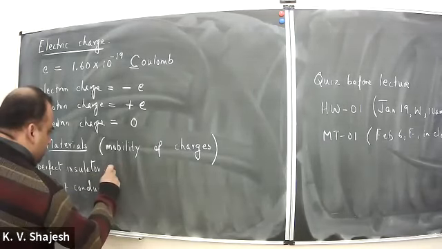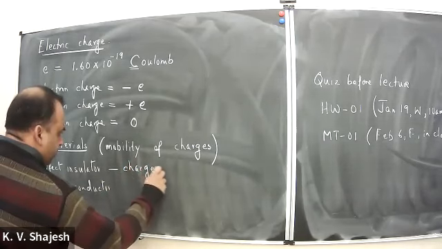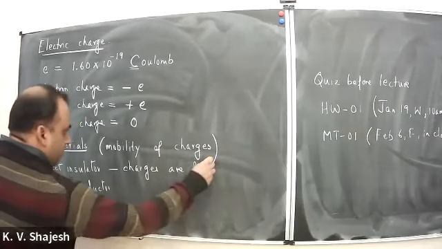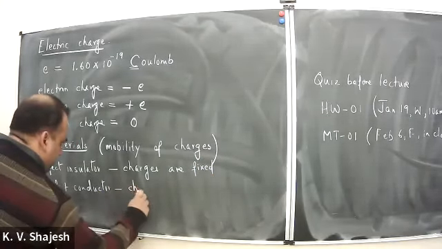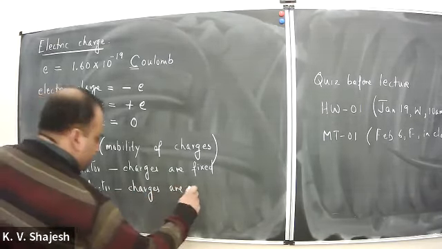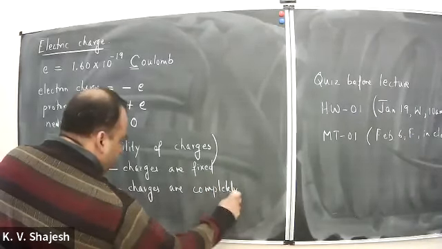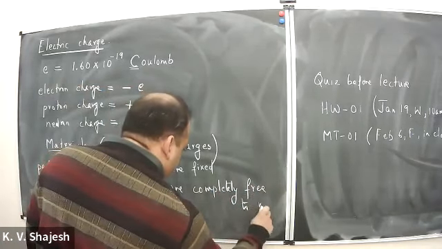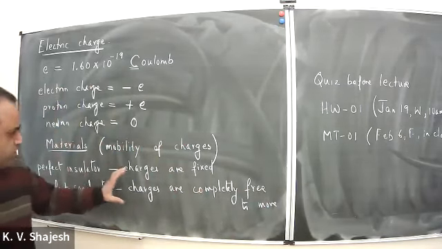Here, charges cannot move. Charges are fixed. And in this case, a perfect conductor, charges are completely free to move. Completely free in the sense there is no resistance at all. And that's all we will talk about.